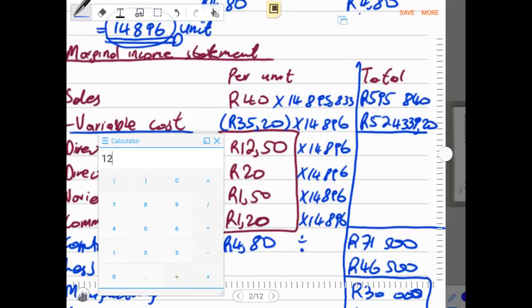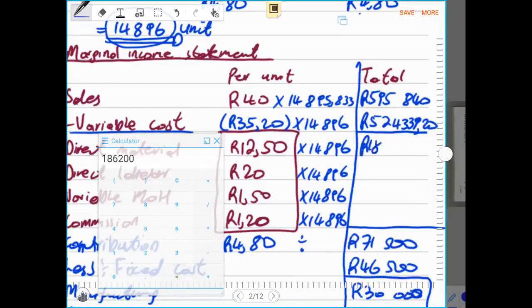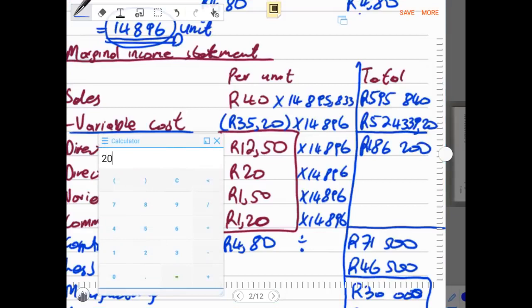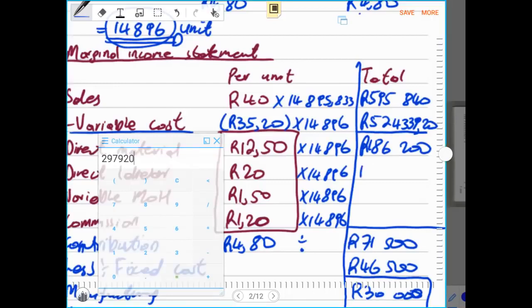We say 12 rand 50 cents times this by 14,896, and this will give us 186,200. Then we say 20 rand of the direct labor times by 14,896 units, and this gives us 297,920.